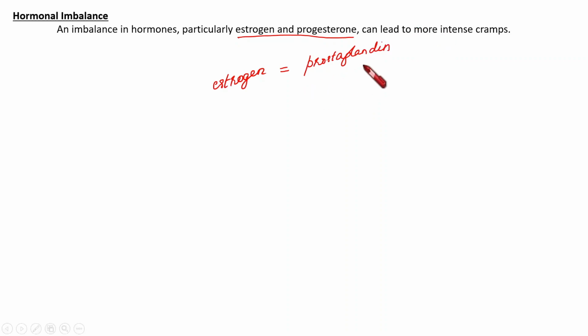So the uterine wall is producing this prostaglandin, the hormone-like substance that brings about the uterine contraction. So estrogen is promoting the secretion of prostaglandin by the uterine lining. Then what is the role of progesterone?